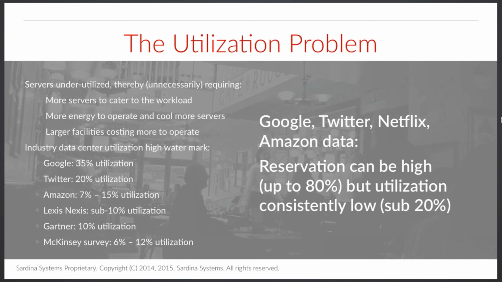This underutilization of servers then leads to unnecessarily requiring more servers to cater to the same workload, more energy to operate and cool more servers, and larger facilities which cost more to operate to house the extra servers.